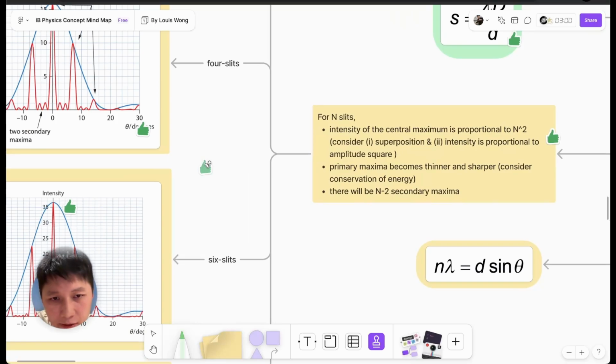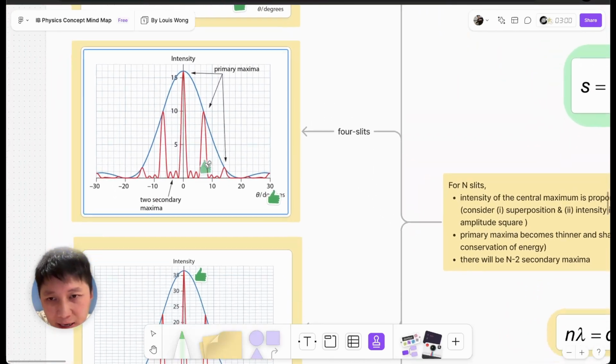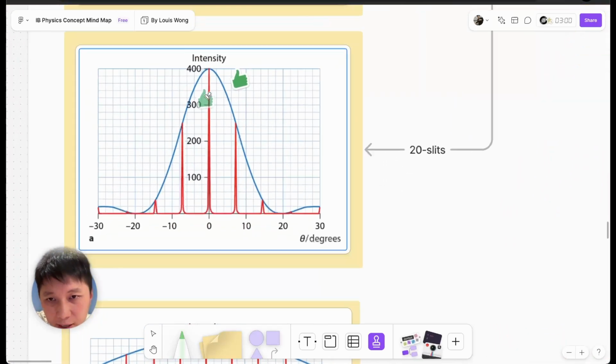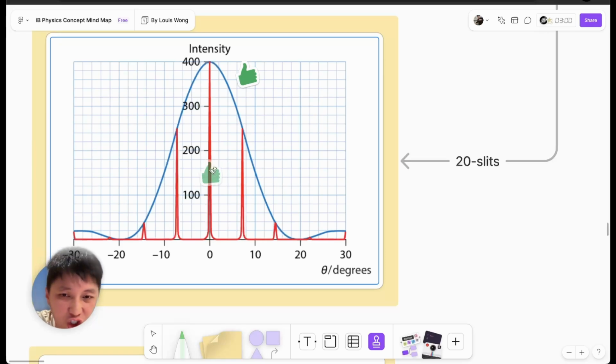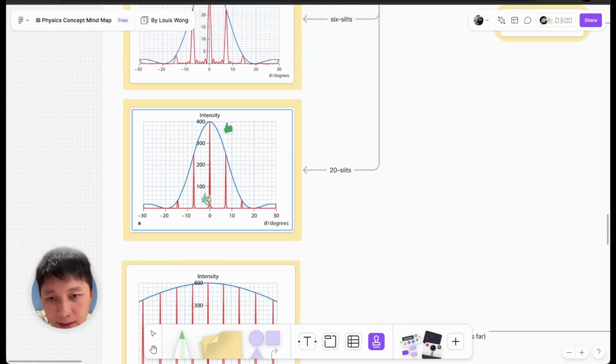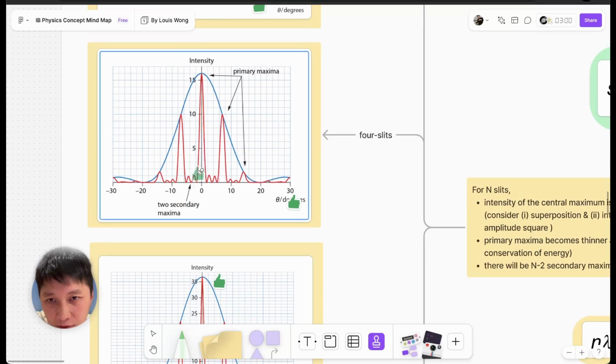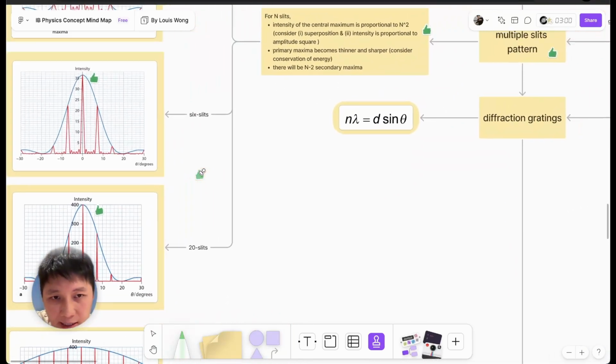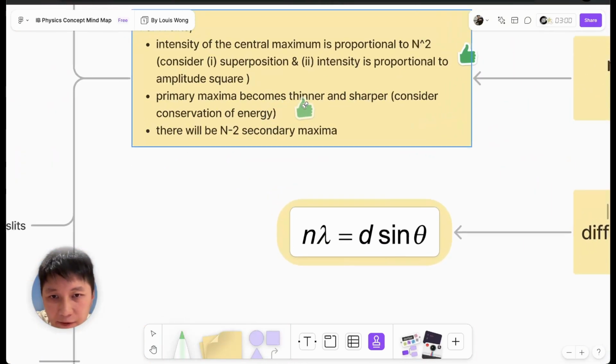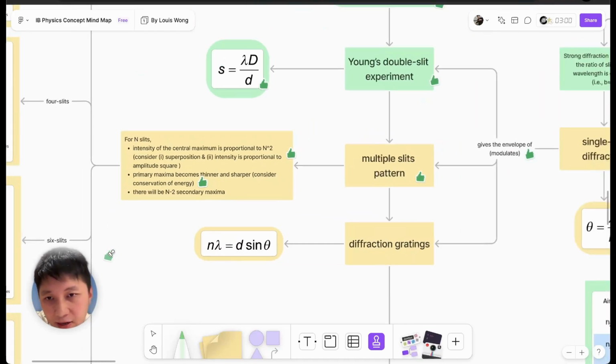Secondly, you'll find the maxima become thinner and sharper as you go down. You can see it's more pointy and sharp, and the secondary maxima are gone. These are the original secondary maxima. The idea is again very simple if you consider conservation of energy.